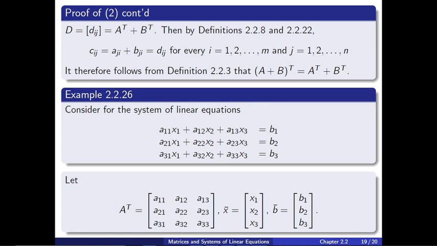Now consider the system of linear equations. So we've got a11 x1 plus a12 x2 plus a13 x3 equals b1, and then a21 x1 plus a22 x2 plus a23 x3 is equal to b2, and then a31 x1 plus a32 x2 plus a33 x3 is equal to b3.